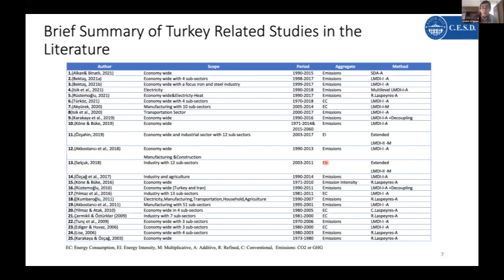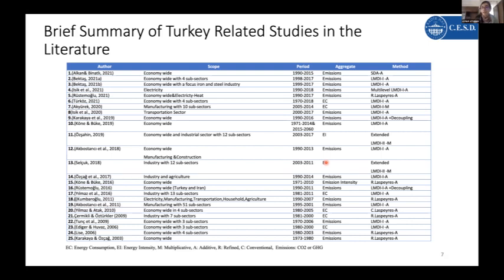There are two common things about these studies. The first one is that all the studies are based on the national energy balance tables in terms of the energy data.